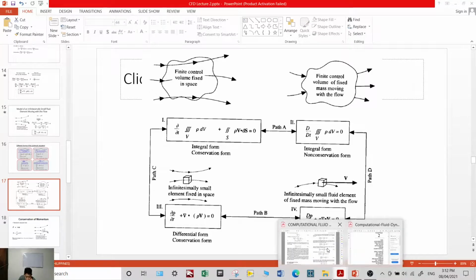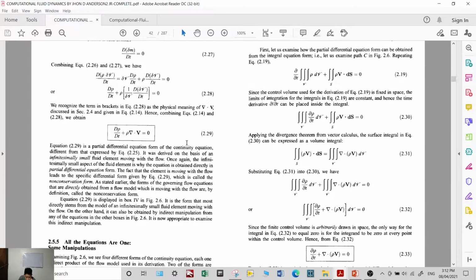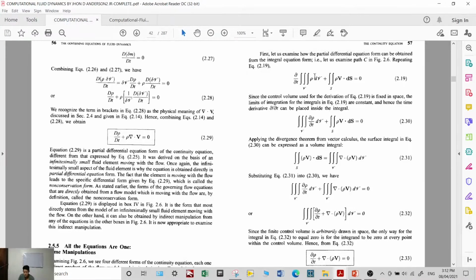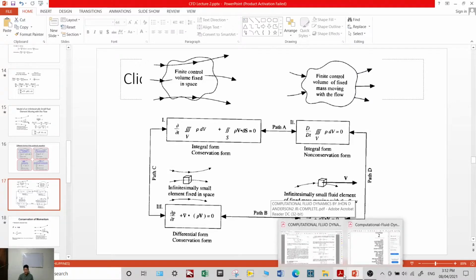There is a book, page 57. Okay, so this is form 1, and we will convert it into this format, in order to show that these equations are just one.